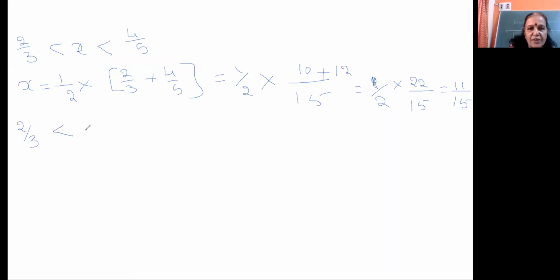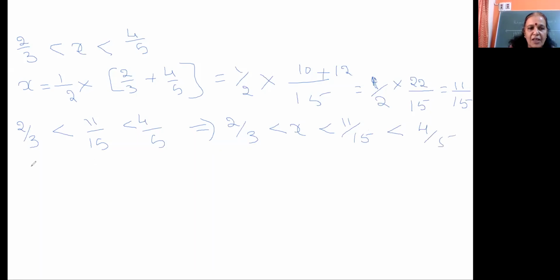that is 2 by 3 less than x, and in the place of x you have to write 11 by 15, less than 4 by 5. To find one more rational number, we will write 2 by 3 less than x less than 11 by 15 less than 4 by 5.